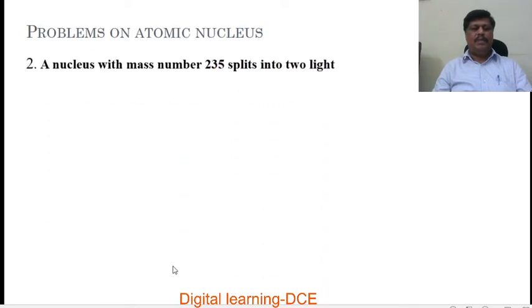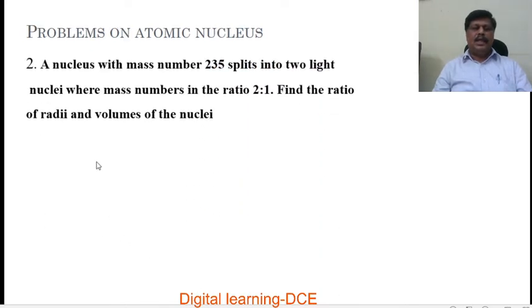The second problem: a nucleus with mass number 235 splits up into two lighter nuclei whose mass numbers are in the ratio 2:1. Find the ratio of radii and volumes of the nuclei. Given the ratio of mass numbers, A1/A2 = 2/1.